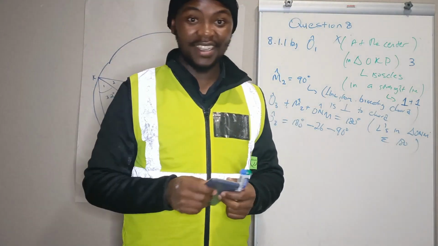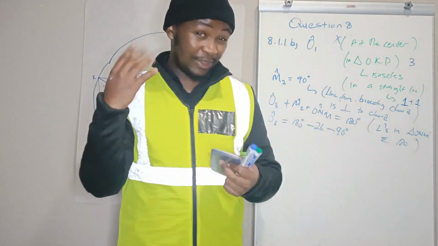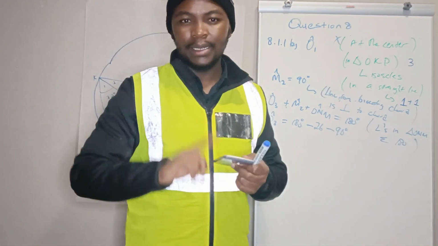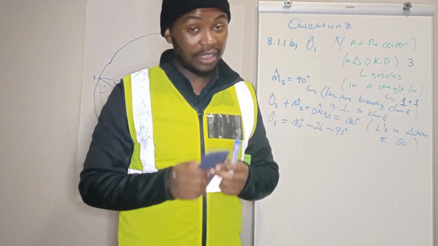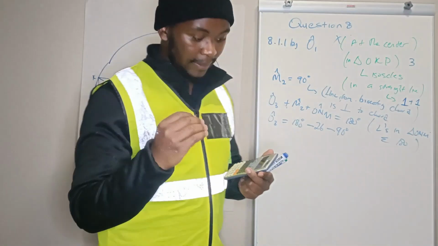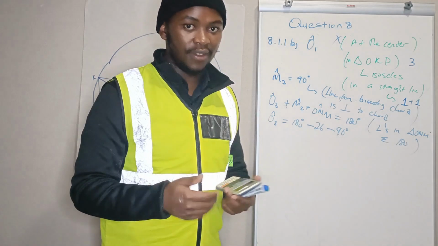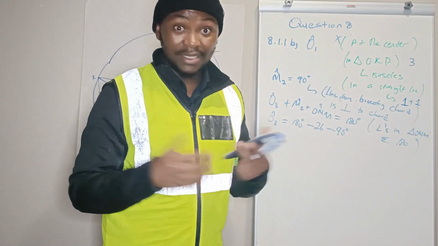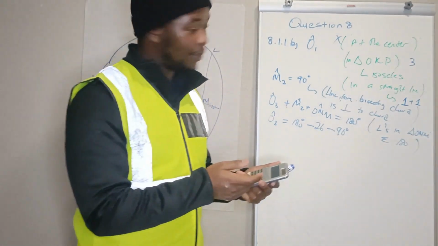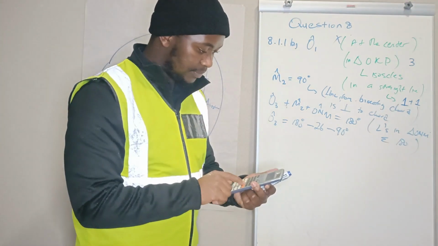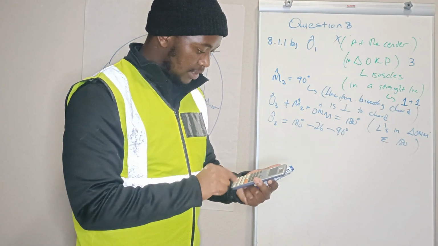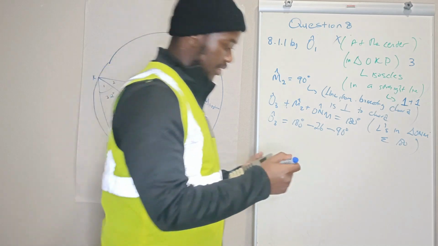You've seen what I just did there. I could have gone on and calculated in my head, but I'd rather be sure, rather be safe than sorry. If you can use your brain to calculate, everything's good, but if you can confirm it, it's even better. It's just a few clicks away. So 180 degrees minus 26 minus 90 is equal to 64 degrees.